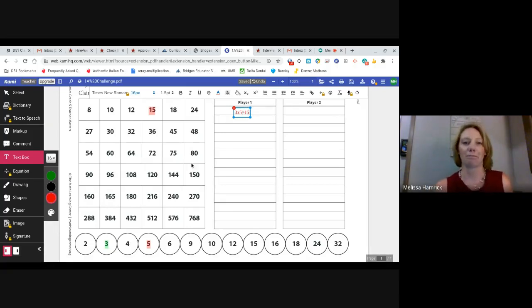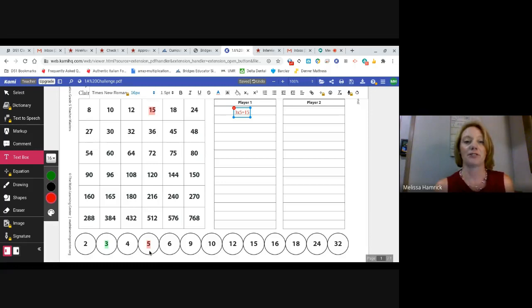Now what we can do in this game is change one factor. So if somebody wanted to use 5 and 9, they could. The other thing that we would talk about is, how do I know that 3 times 5 is 15?